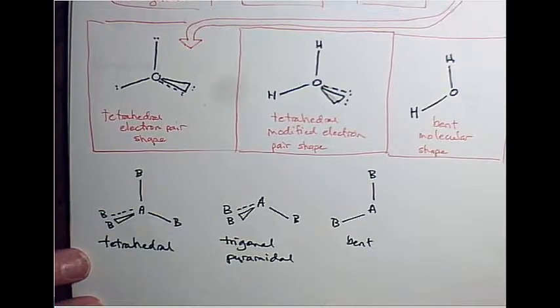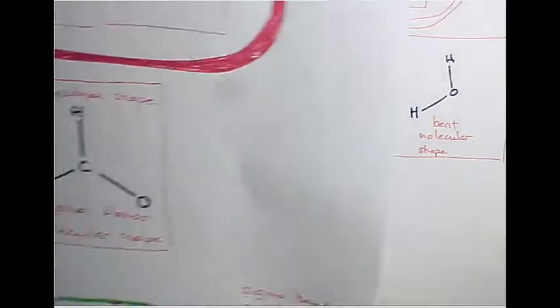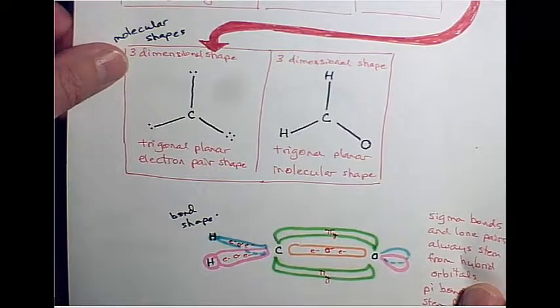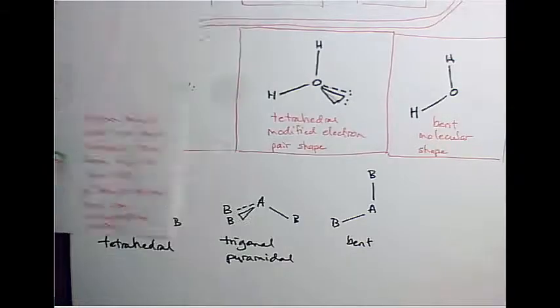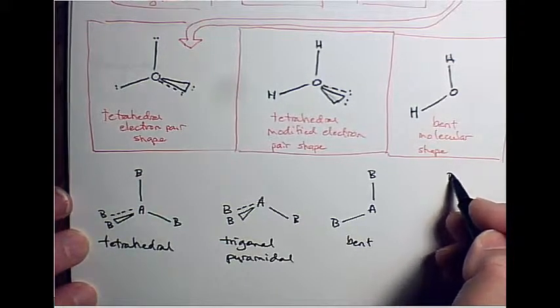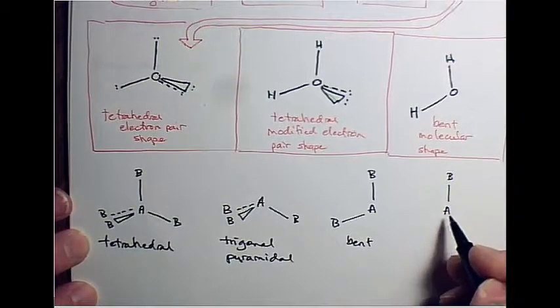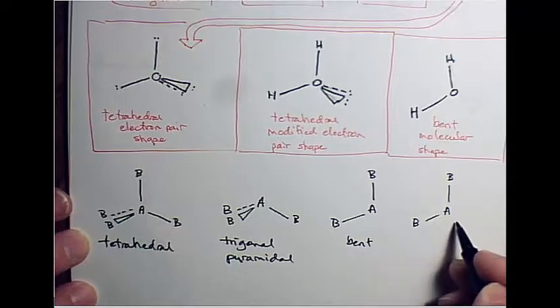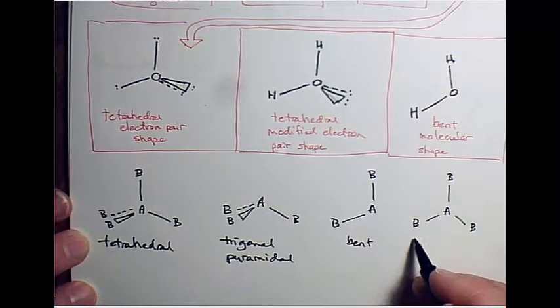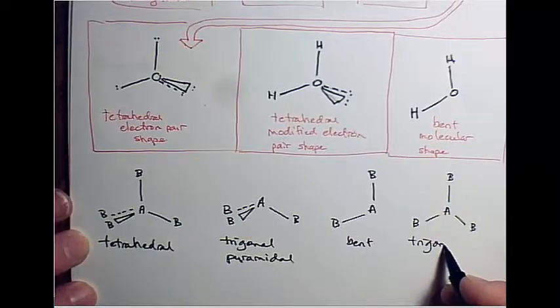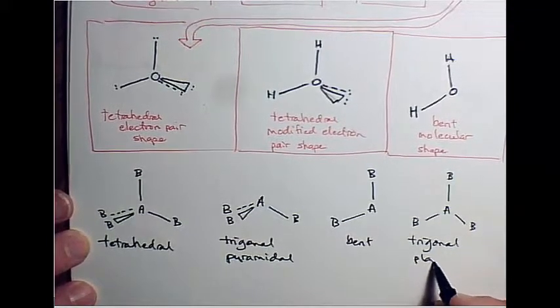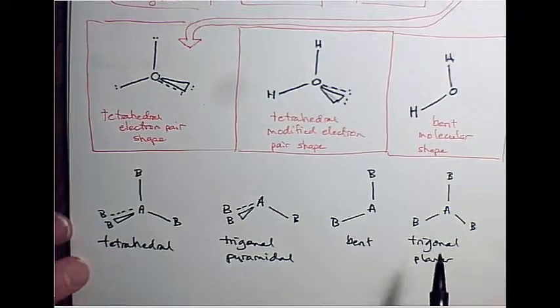Okay? Just give it a minute. Hold on. So if we go back to our formaldehyde, we had a trigonal planar shape. All right, pay attention.